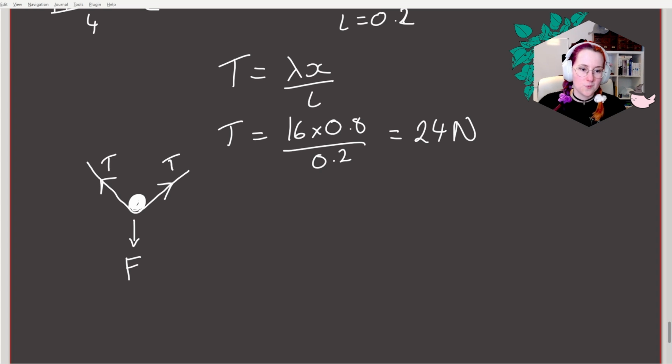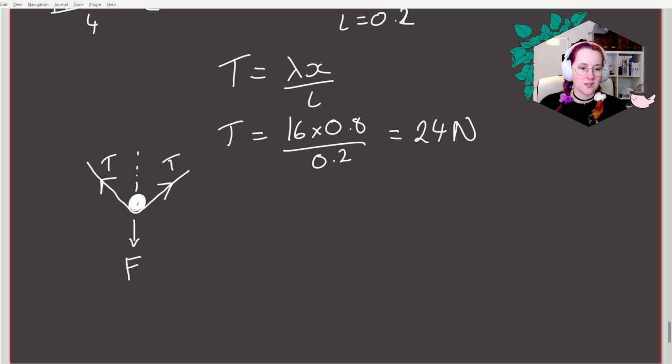So to find F, we need to figure out what components of that balance. We know it's held at rest, so whatever the net reaction force is, which comes from those two tensions, we need to find it. So we go back to our triangle and we have an angle theta here and here.